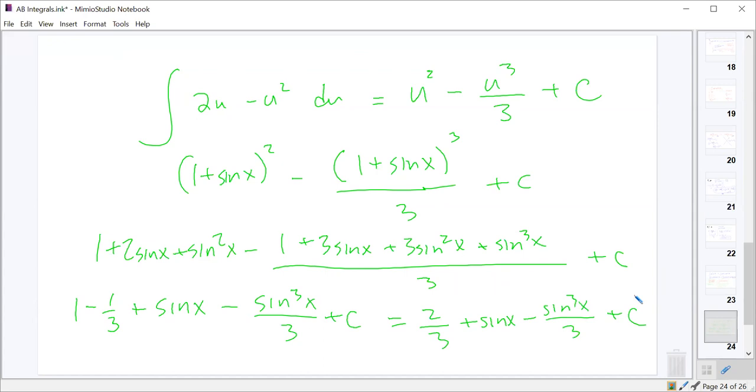And we'll notice that this piece of it, sine x minus sine cubed x over 3, is exactly the same as what we've gotten before, plus a constant. And the only other thing we have attached to it is another constant. So our result just differs by a constant from our original answer, and both are acceptable integrals for that.